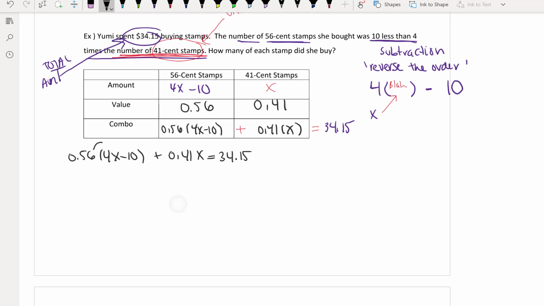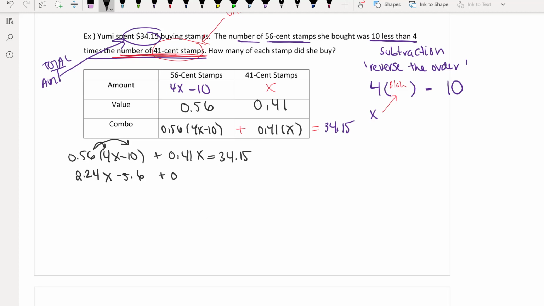Now you want to distribute that 0.56 into everything. 0.56 times 4x gives me 2.24x. And 0.56 times negative 10 gives me negative 5.6.